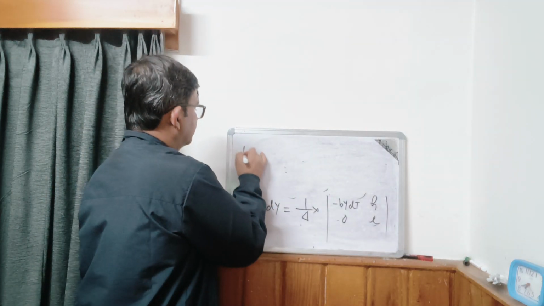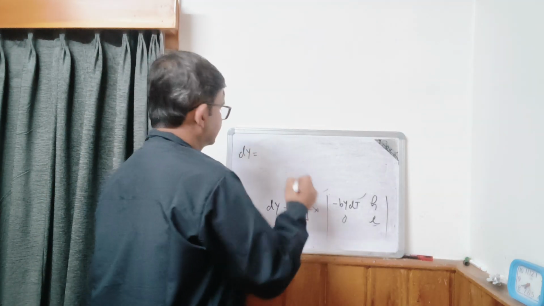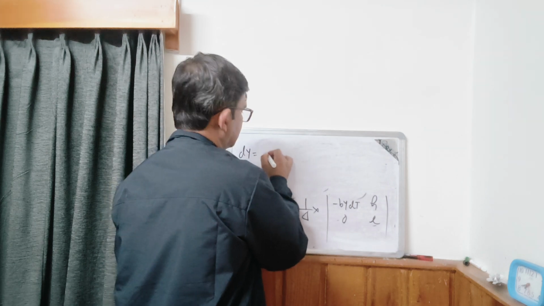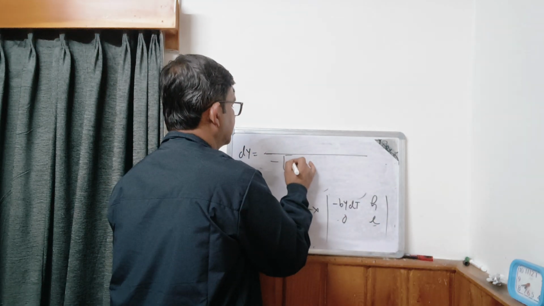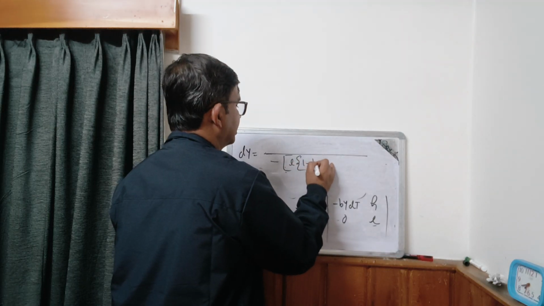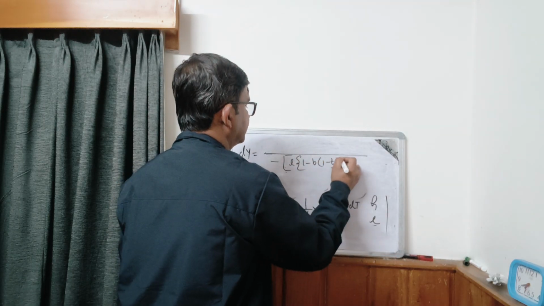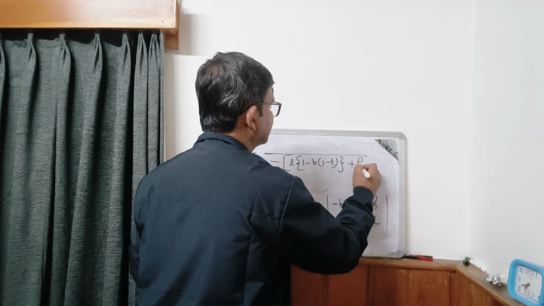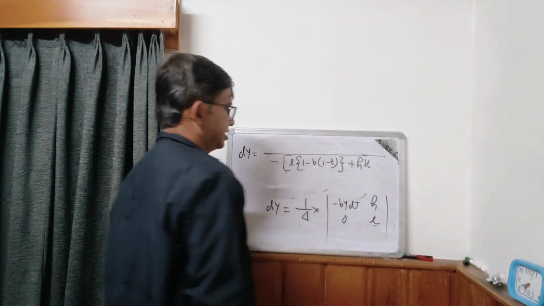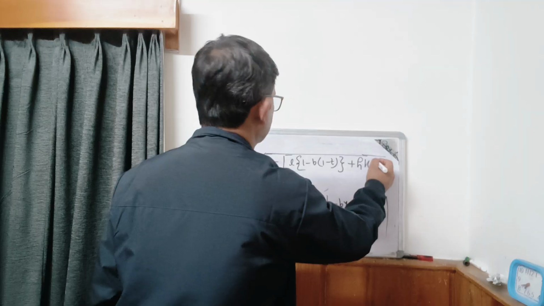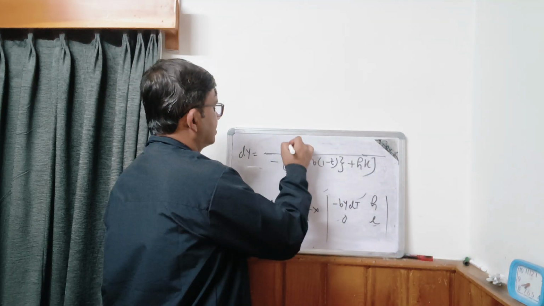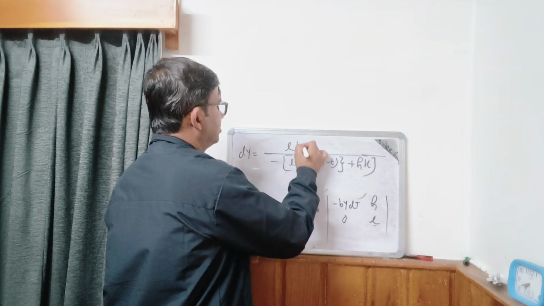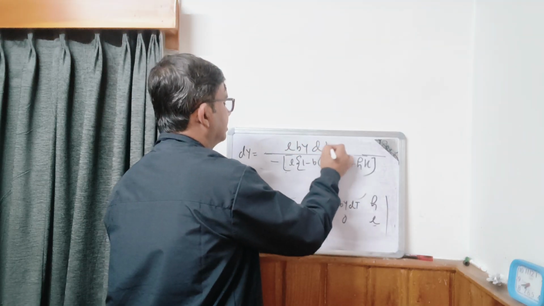So finally, what will be the value of dy? Denominator minus of L into 1 minus b into 1 minus t plus hk, and numerator L into b into y dt.